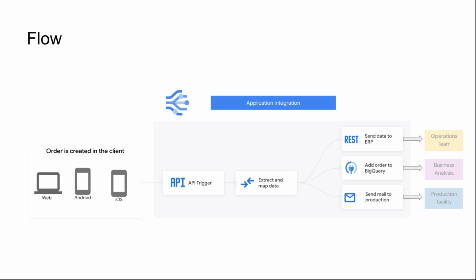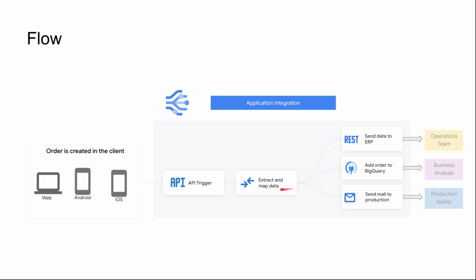And so what we're going to build here really quickly is this particular integration with app integration, like Scott was talking about before, where on the left-hand side here, you see the clients. The clients can be a mobile application. It could be a web page. As these clients are entering this information in, the integration is going to extract and map that data accordingly and meet the use case of what the retailer is looking for.